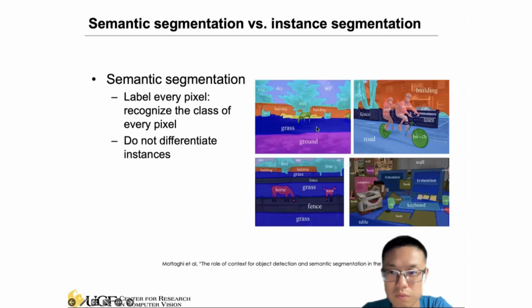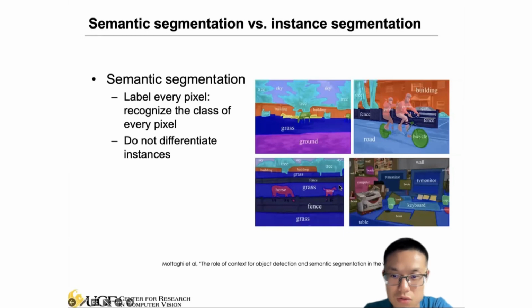For this example here, a person riding a bike, we actually have two people in this image. For semantic segmentation, we do not differentiate these two instances, these two people. We classify all these pixels to the same person class, okay?